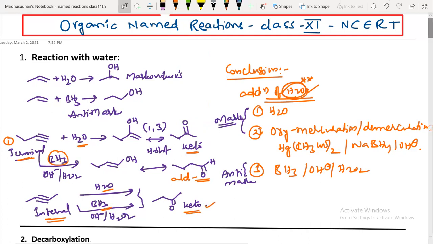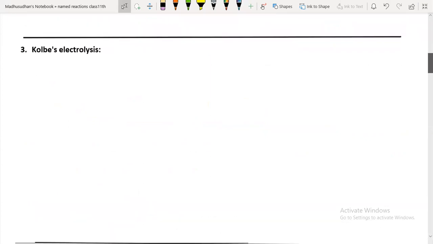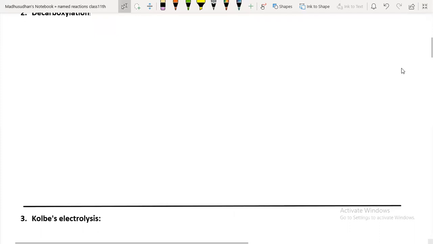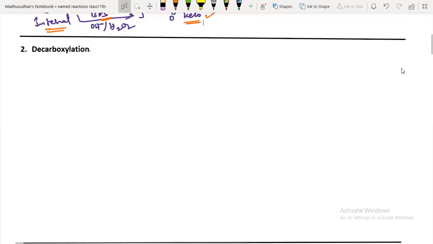Next, I am moving to another concept, the decarboxylation reaction. So what does decarboxylation mean here? Decarboxylation means removal of the carbon dioxide group from the given compound. Here, it involves sodium salts of carboxylic acids.